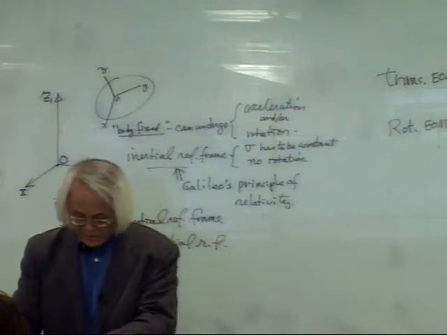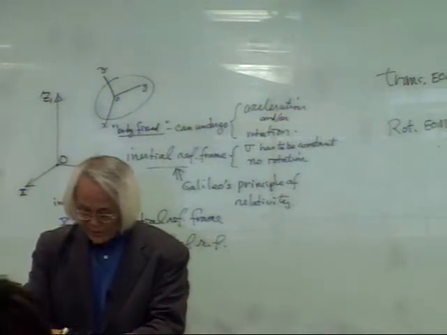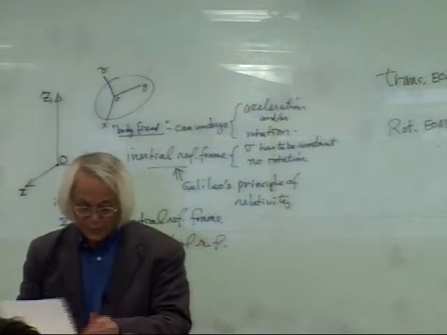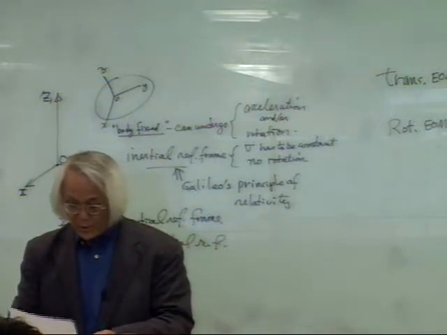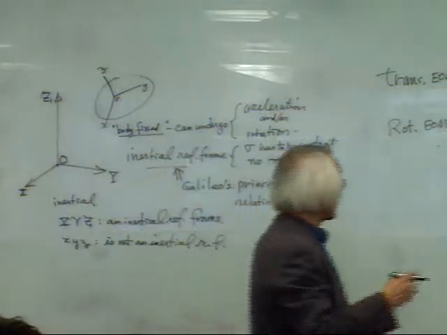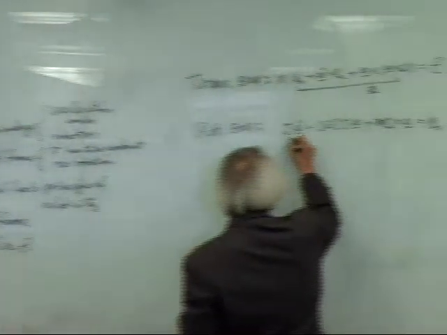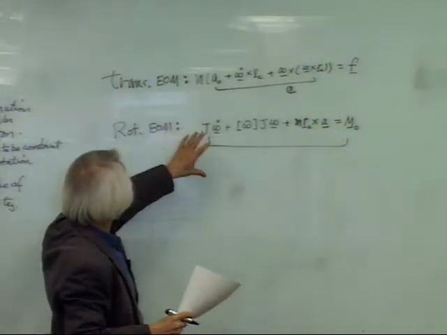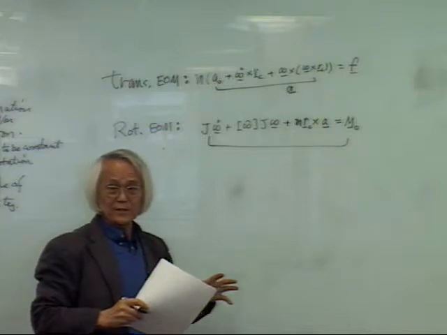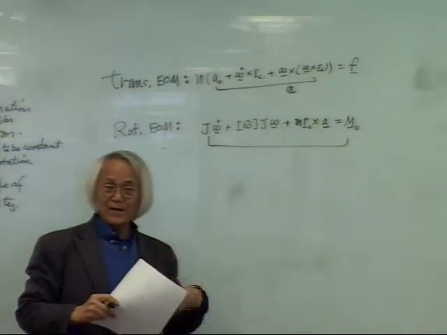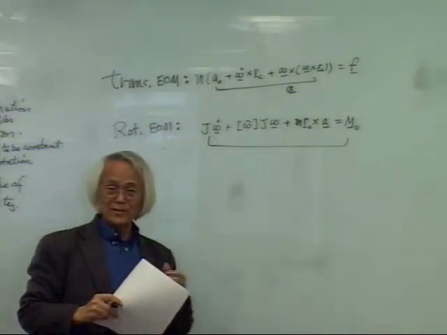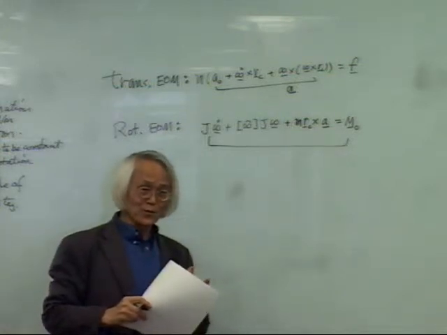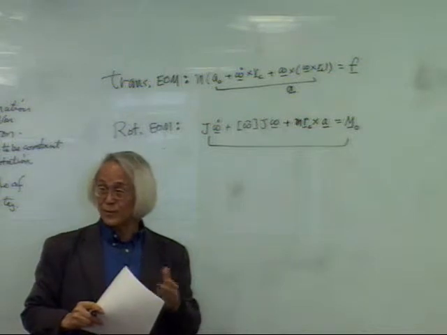Now, since angular orientation in rotational motion plays a very, very important role, we're going to talk about angular orientation. What makes the rotational equation of motion complicated is that angular orientation is really kind of difficult, or you might say cumbersome, to compute.